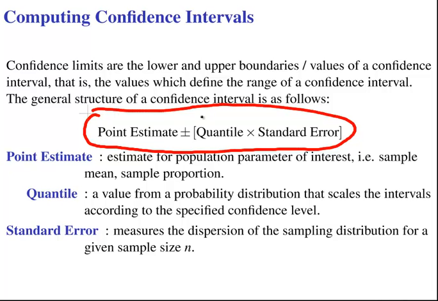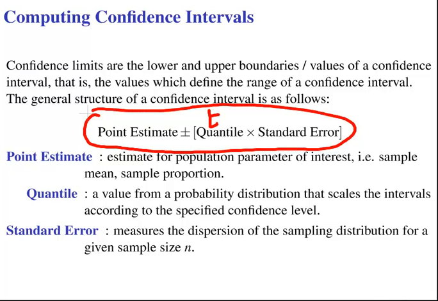Now that's a quantile from some probability distribution, mostly the t distribution, times the standard error, and that's related. That standard error is essentially the standard deviation of the sampling distribution. That's quite important. But in a nutshell, if you're looking at all various different types of confidence intervals, they follow this general structure very closely.